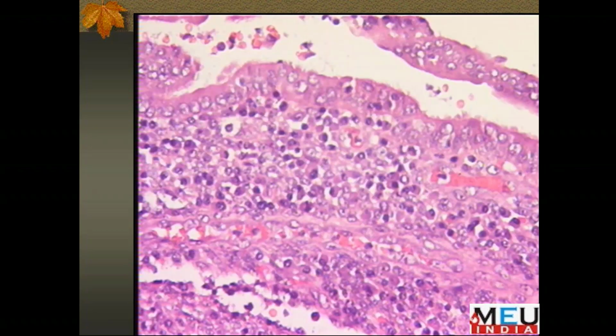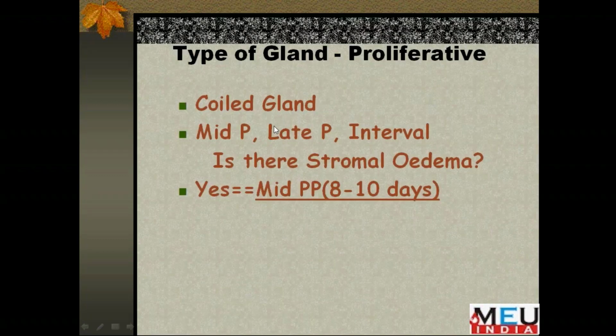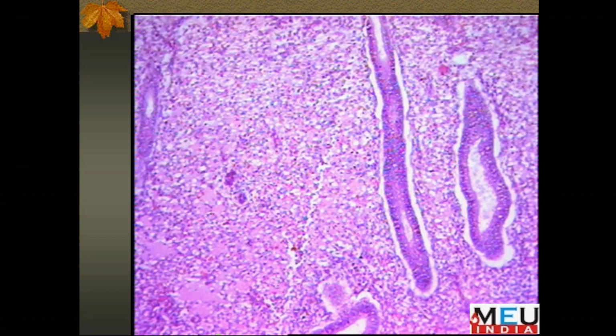See, the tortuosity is increasing and the edema is increasing, and in the late proliferative phase the stromal edema again decreases and a new entity appears, that is the subnuclear vacuole. The tortuosity is increasing and the stromal edema starts decreasing.